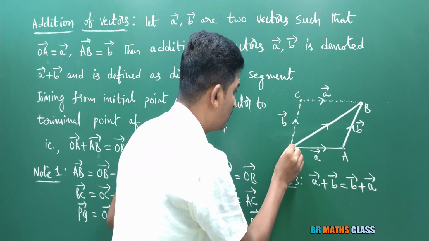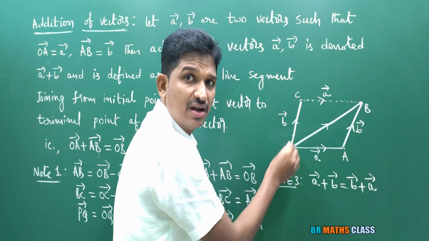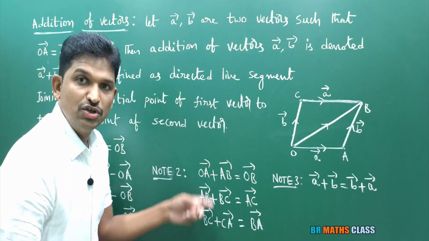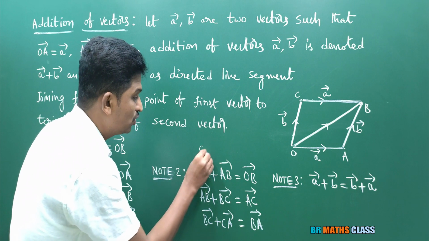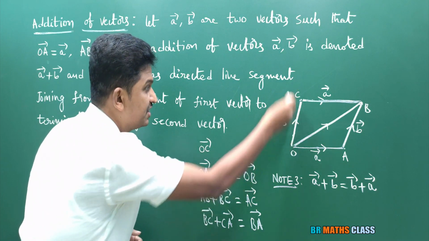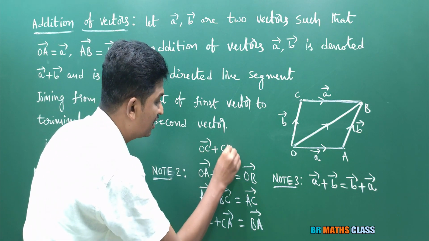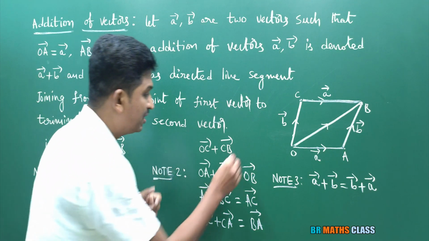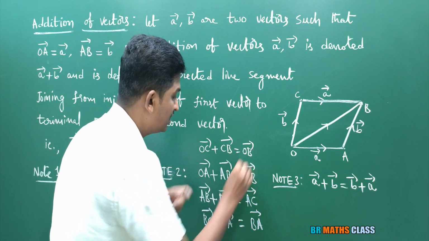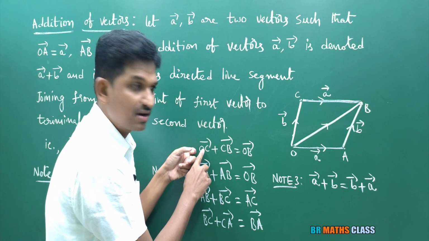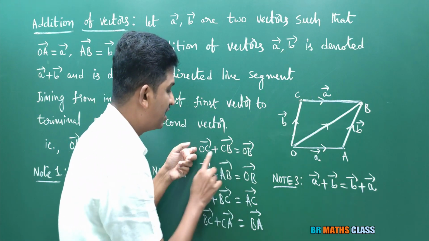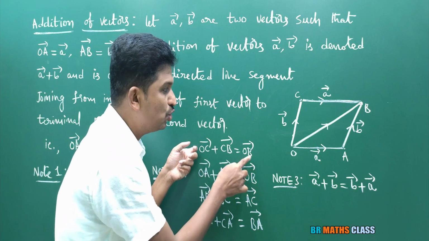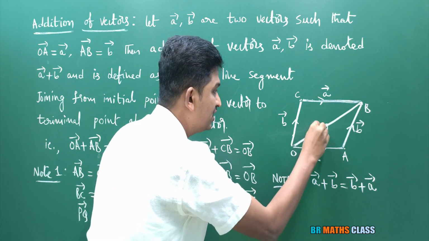So you observe OC bar plus CB bar. You learned this now. OC bar plus CB bar is OB bar, right? OC bar is B bar, CB bar is A bar, so B bar plus A bar is OB bar. Actually, what is OB bar?